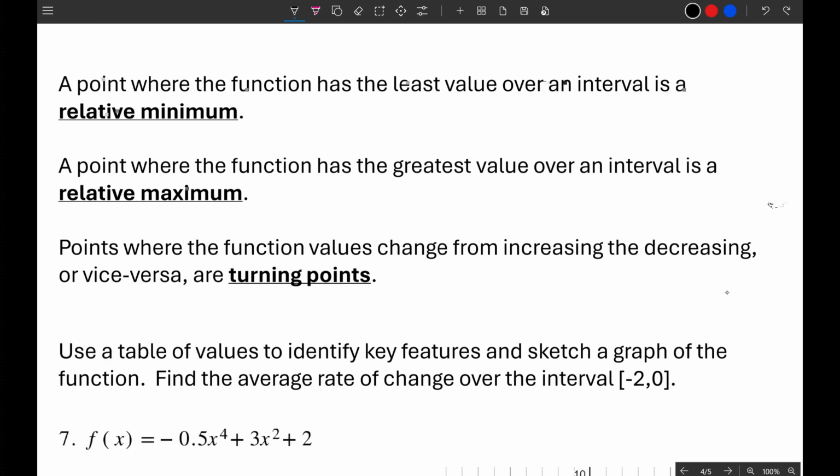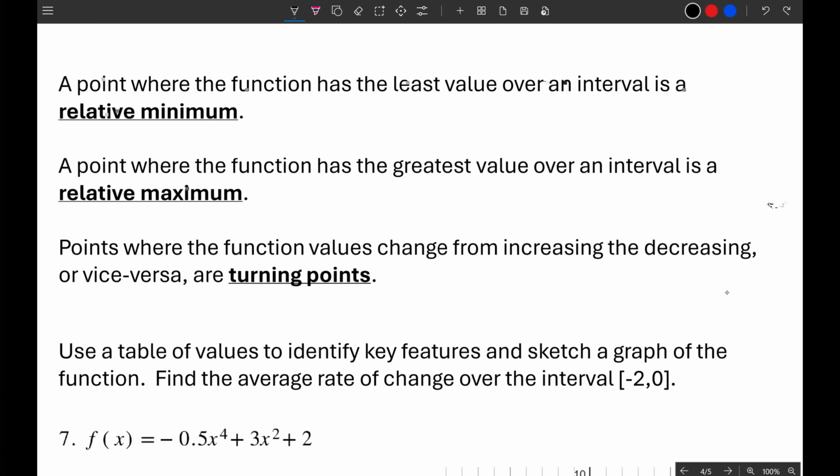So we're going to use our calculator to fill in this table. Grab your calculator, go to your y equals, and we're going to plug in -0.5x to the 4th plus 3x to the 2nd plus 2.